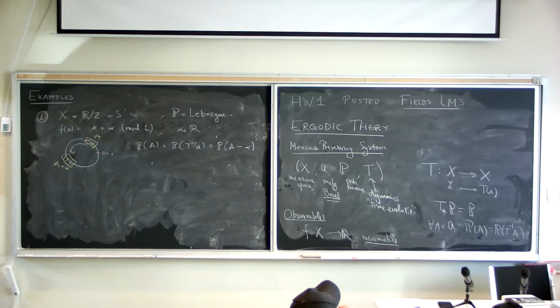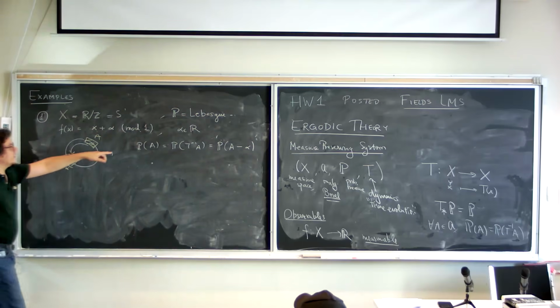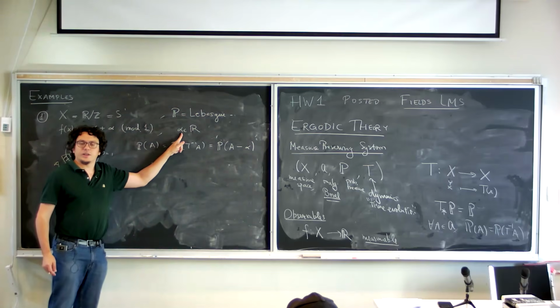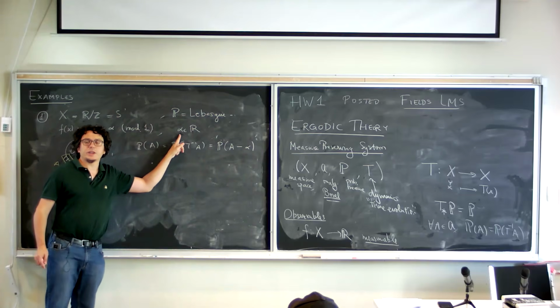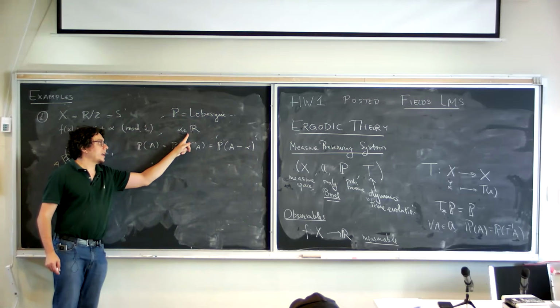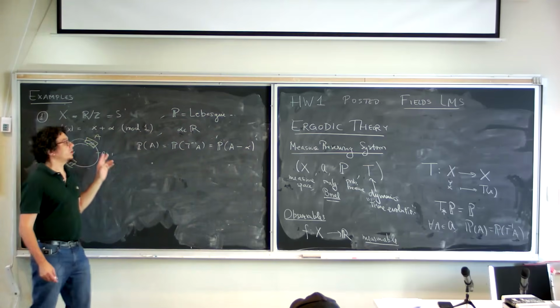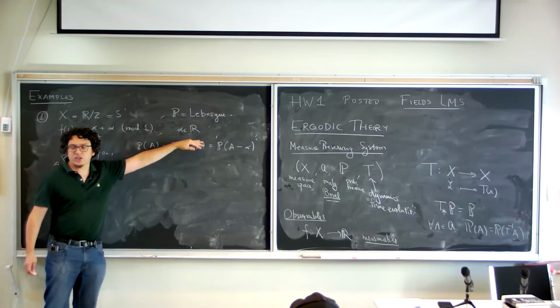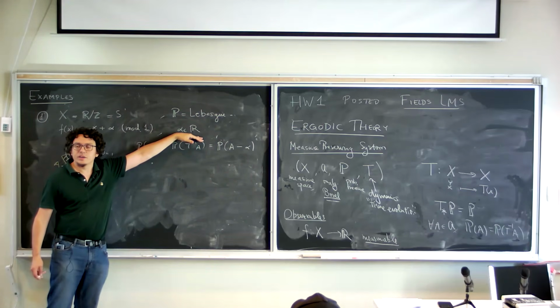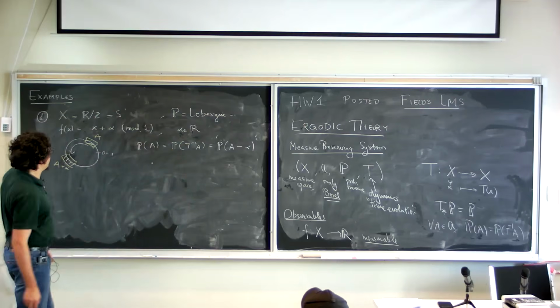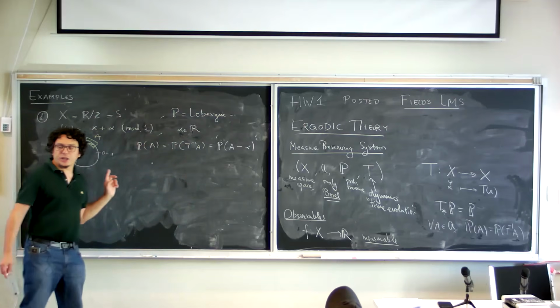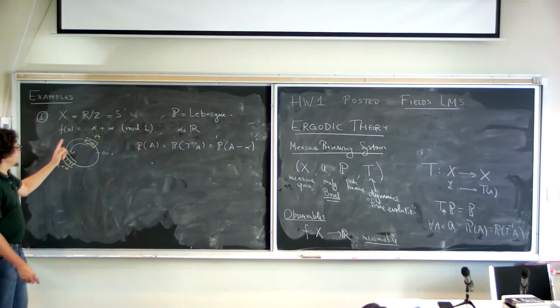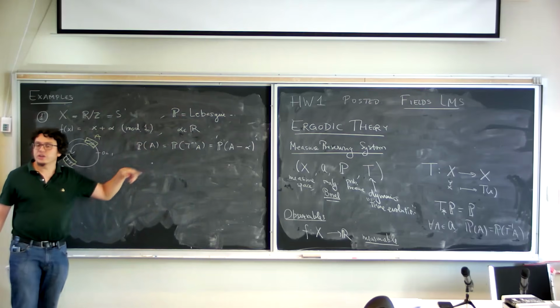And in fact, you see, it does not even depend on this parameter alpha. Even though dynamically, the dynamics of a rotation depends very much on what alpha is, right? Because in particular, if alpha is rational, you have one type of behavior, and if alpha is irrational, you have a very different type of behavior, right?